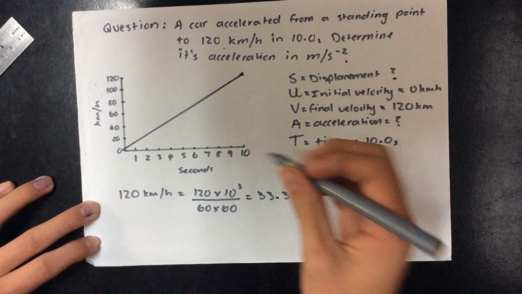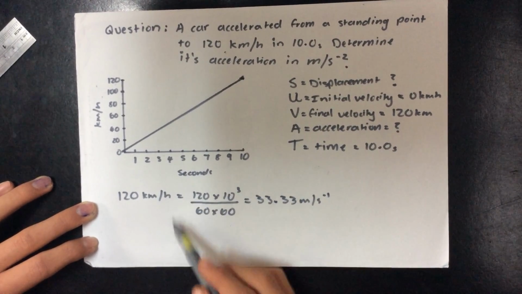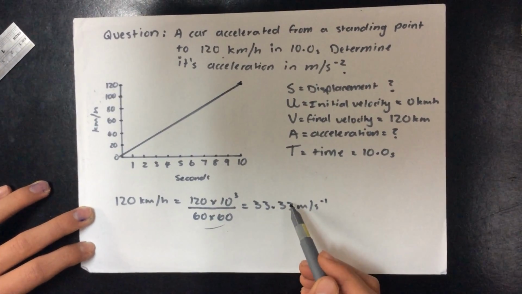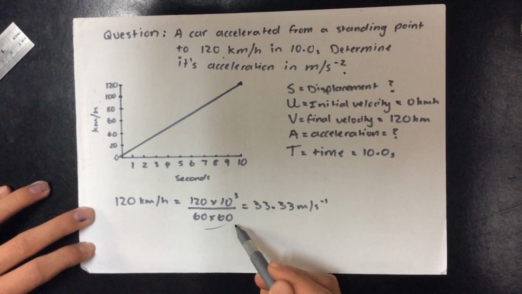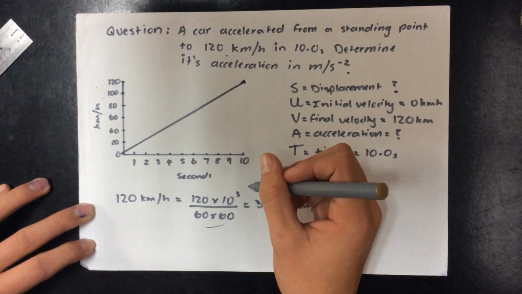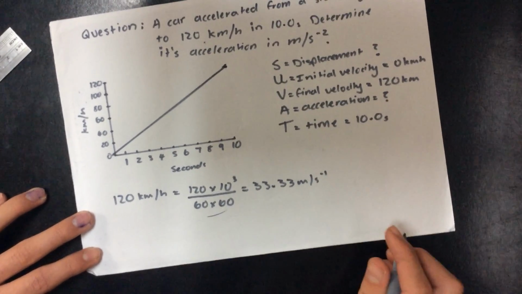The purpose of this is you're converting kilometers per hour into meters per second. So 60 times 60, that's how you get an hour to seconds. And the 10 to the power of 3 is 1,000, and there's 1,000 meters in a kilometer.